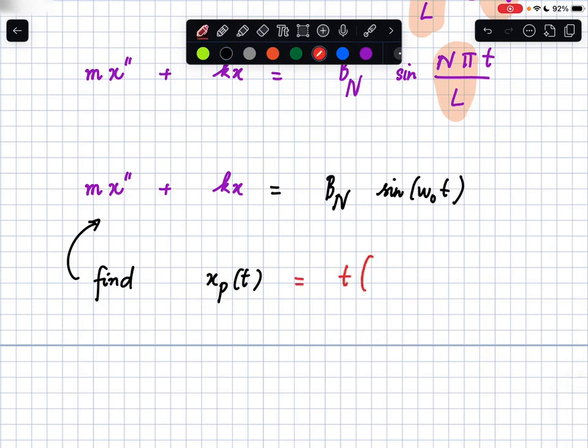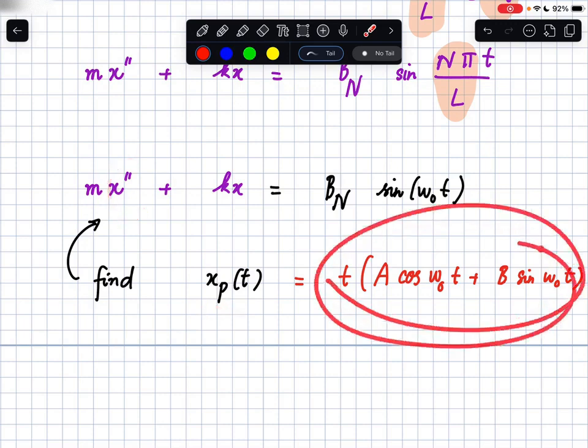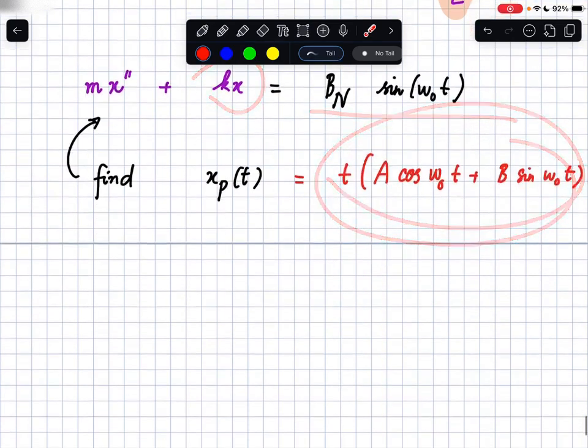Try t times (A cosine omega naught t plus B sine omega naught t). You take x double prime, plus k times x, equal to this one, and you solve it.